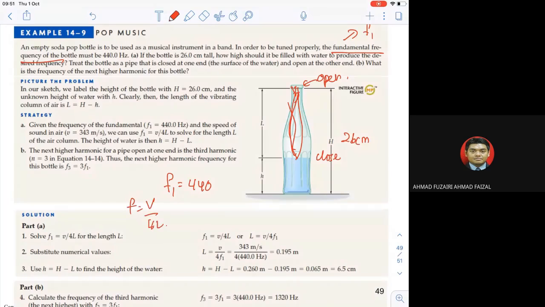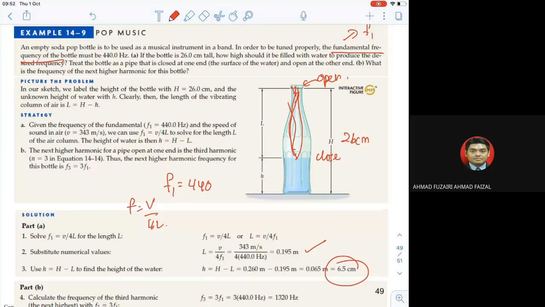Now we bring L to atas over for f1. So the L is 0.195. Okay, the bottle is 26 centimeters. So minus with 19.5, so we will get 6.5. So you should fill up only 6.5. It should be filled with water about 6.5.